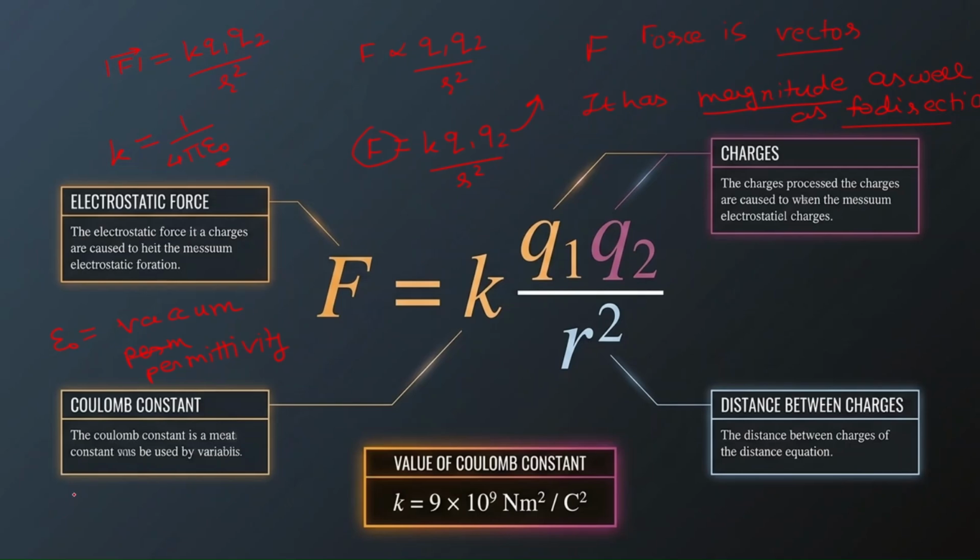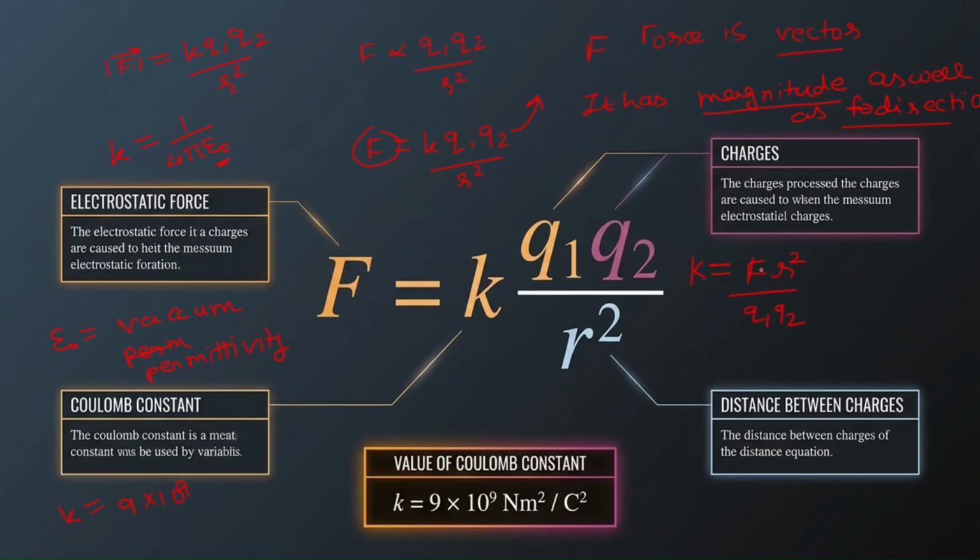Now, the value of k is 9 into 10 to the power 9. If we talk about the unit of k, we can derive it easily: k is equal to F r squared upon Q1 Q2.